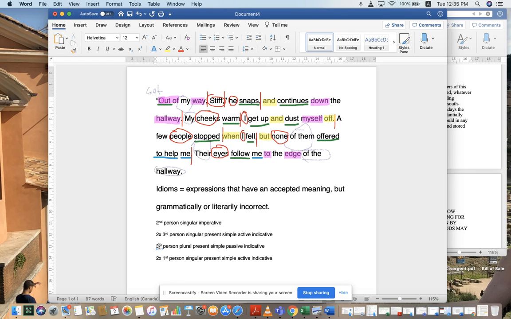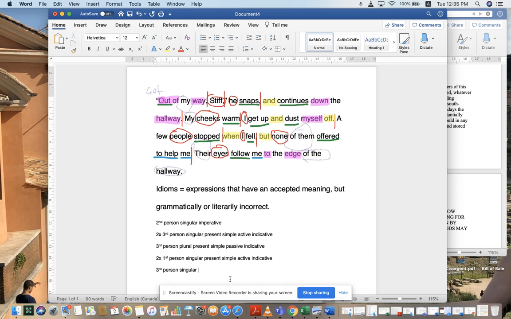Okay, so people stopped is a past tense. What kind of past? Well, how many times did they stop? They stopped once. Do we know exactly when they stopped? We don't, except we inserted here the when. Okay, so this would be an imperfect.